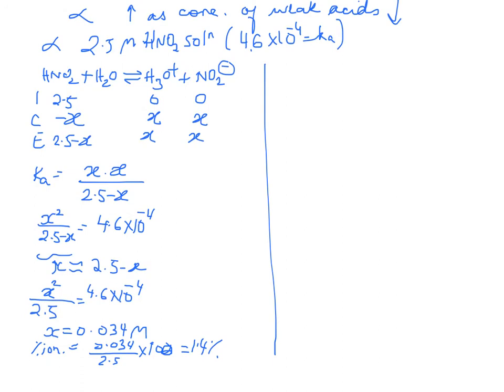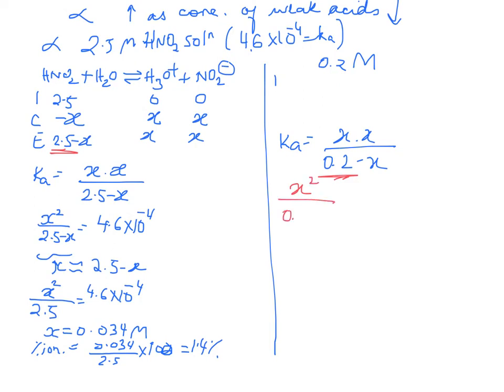I want to do the exact same thing, but now at a lower concentration, let's say 0.2 molar. Everything else remains the same other than the initial concentration. So your Ka will look like x times x divided by 0.2 minus x, because the 2.5 is switched with 0.2. So now I have x squared over 0.2 minus x equals 4.6 times 10 to the negative 4.